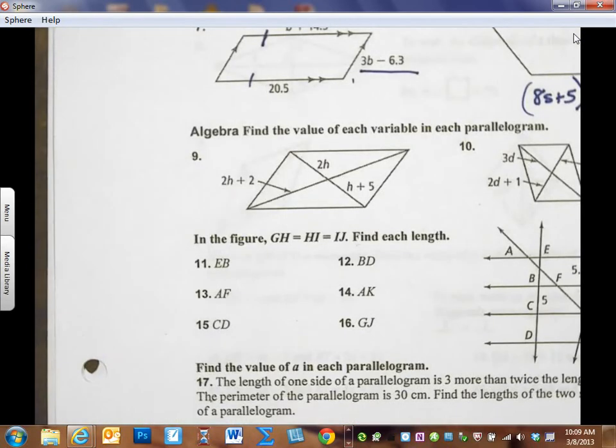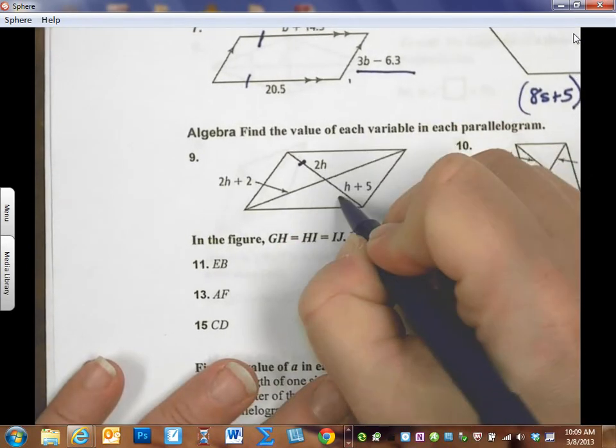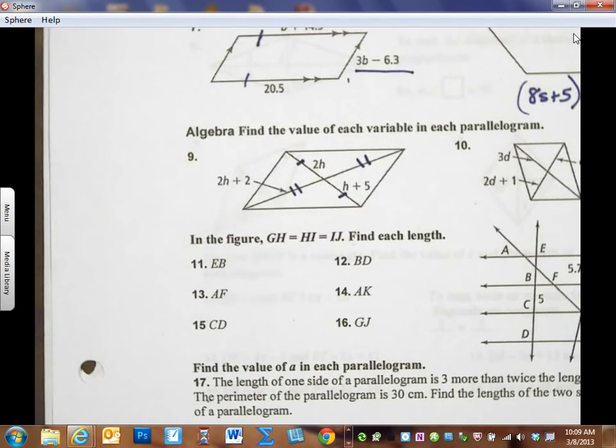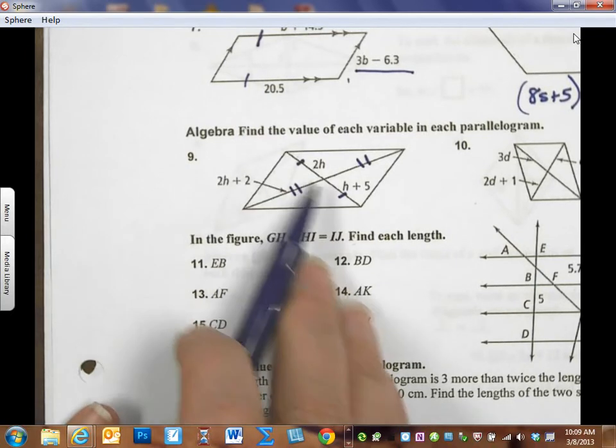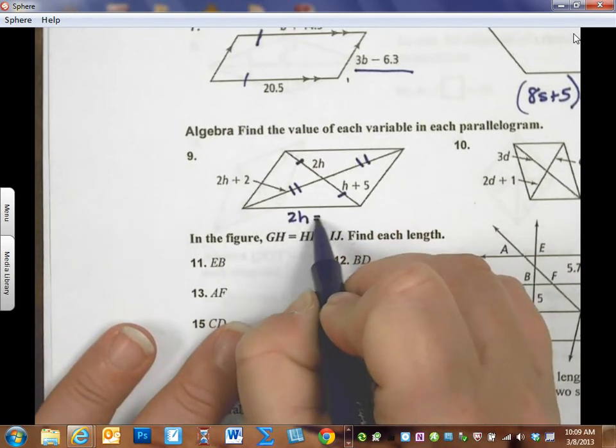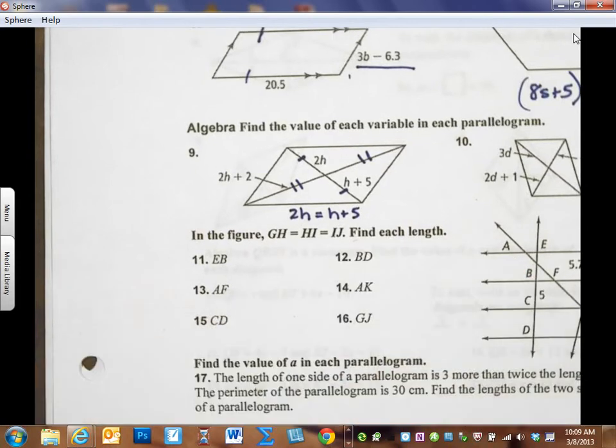So that means that this equals this, and this equals this. Where do you have two parts that are equal? The 2h and the h plus 5. And that's your equation. You would say 2h equals h plus 5, and then solve it.